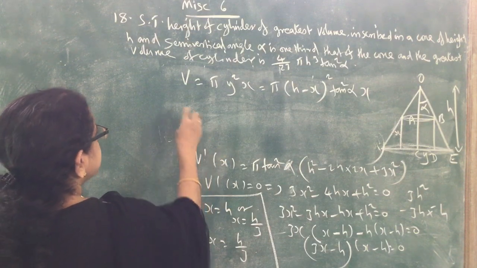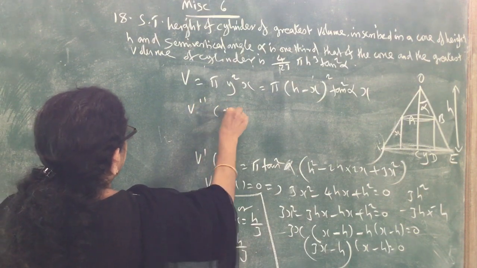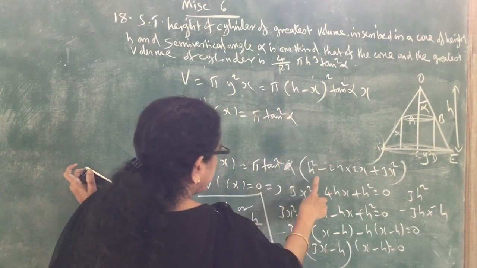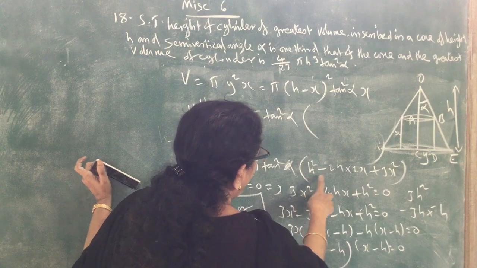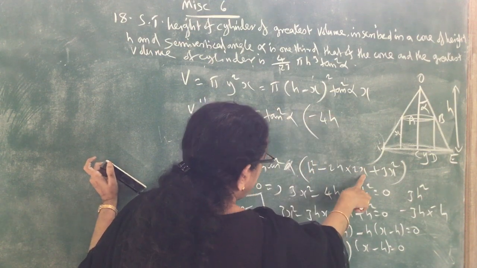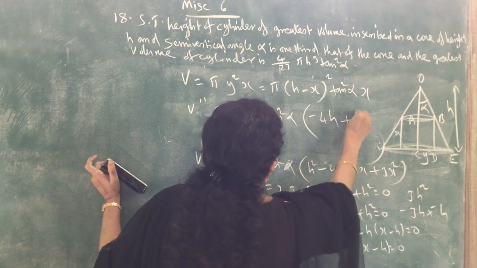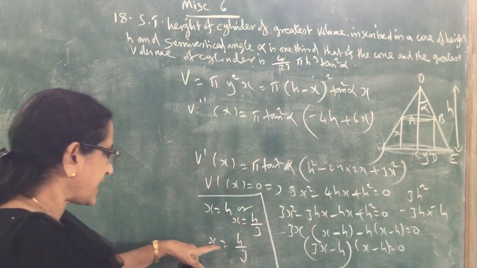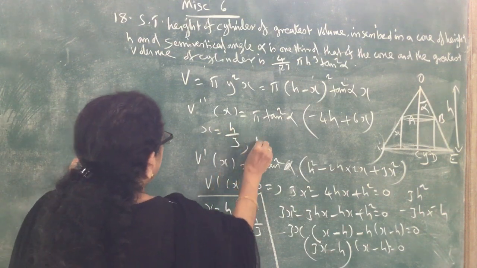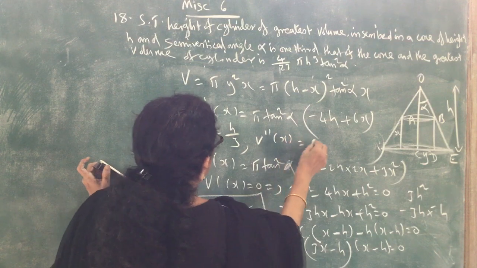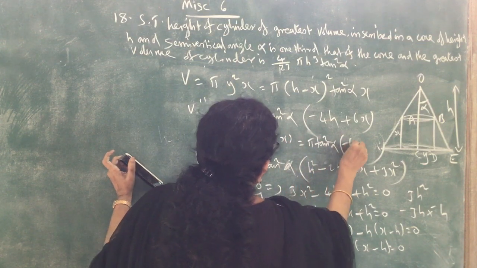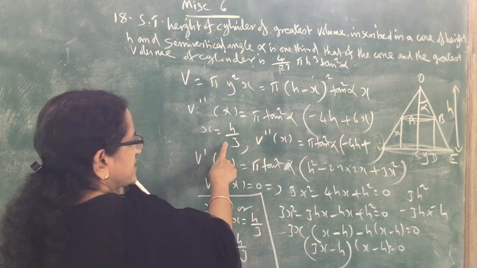From this, V double dash x equals pi tan square alpha into the derivative of h square, which is 0, minus 4h into the derivative of x, which is 1, plus 6x. Now when x equal to h by 3, V double dash x equals pi tan square alpha into minus 4h plus 6 into h by 3.